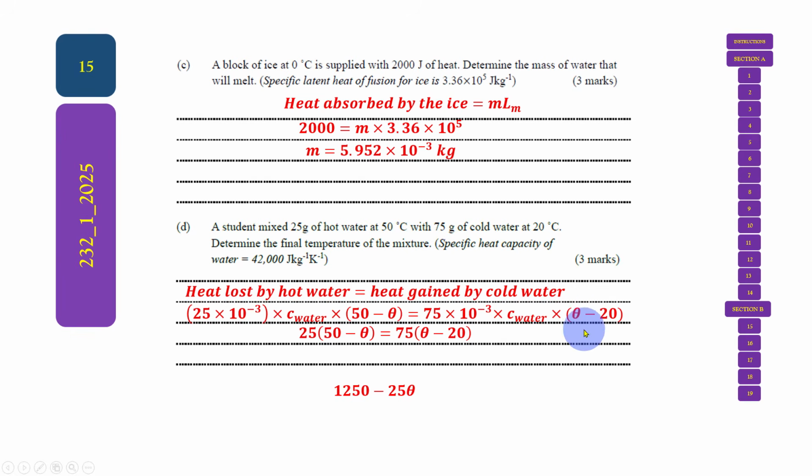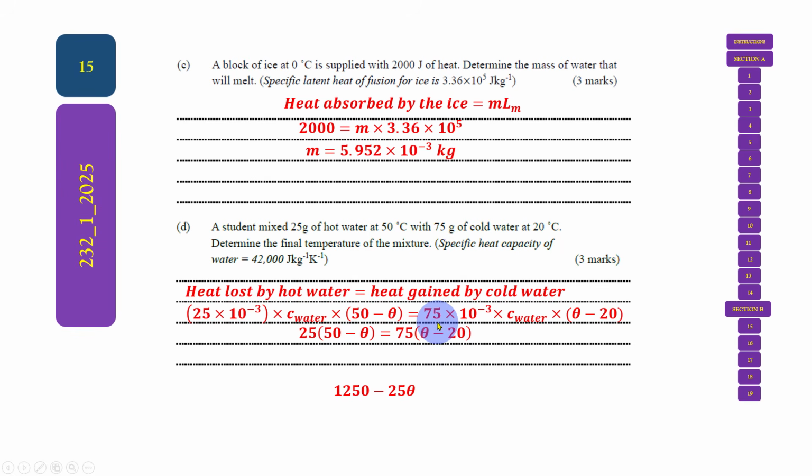So the change in temperature is θ minus 20. So this is 50 minus θ, but here it is θ minus 20. I've already explained how that happens. So probably you can see that the specific capacity of water cancels out with the specific capacity of water here, and we have this expression. And finally, by solving this expression, you can get the final temperature, which is θ.